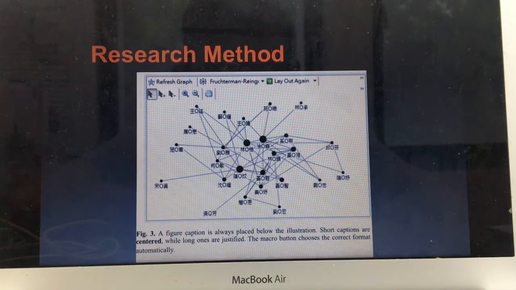Each node is a student, and the student's name is next to the node. The line connecting node to node means a connection. Figure 3 shows the illustration.